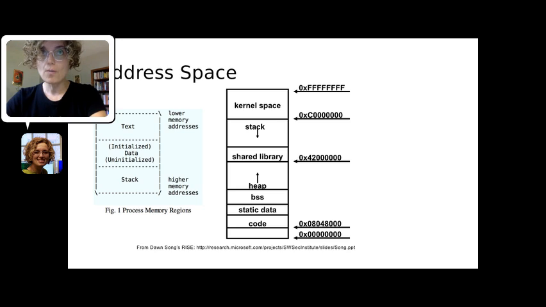Then the top part that is called kernel space, this is operating system environment variables, and this is another place that one cannot tamper with. It's read-only. And then we have some static data where there may be static variables and all that.